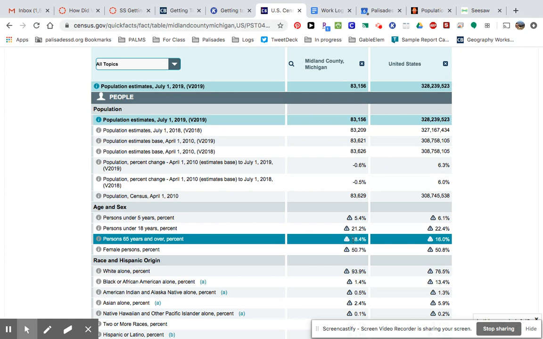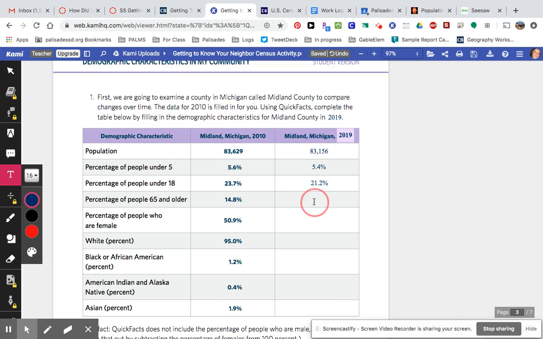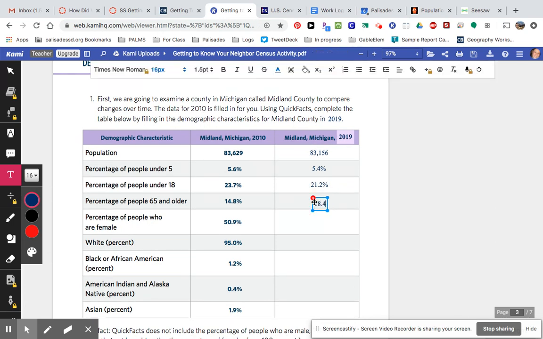This again is a percentage, 18.4%. If you look at our national number, the 16%, so it's slightly higher than the national average. All right, 18.4%. So let's go back. All right, now that went up pretty significantly in the past 9 years.